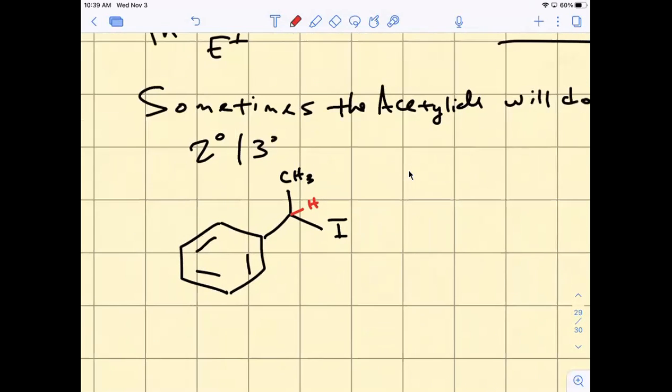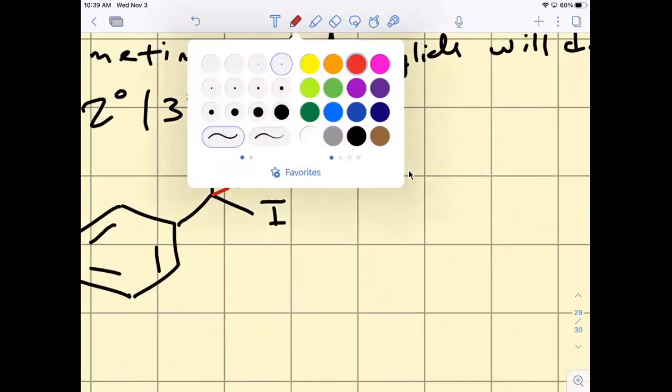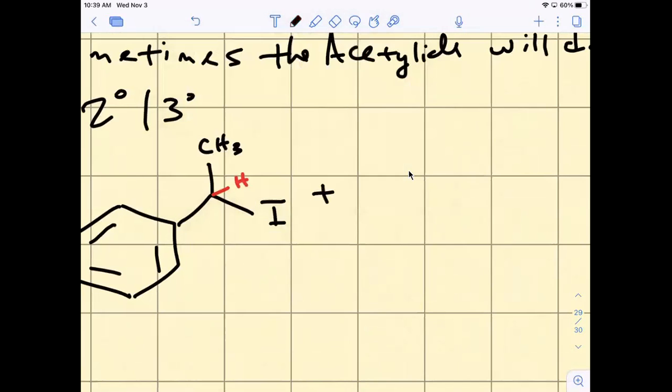That acetylide would actually act as a base. So it would be this plus this.